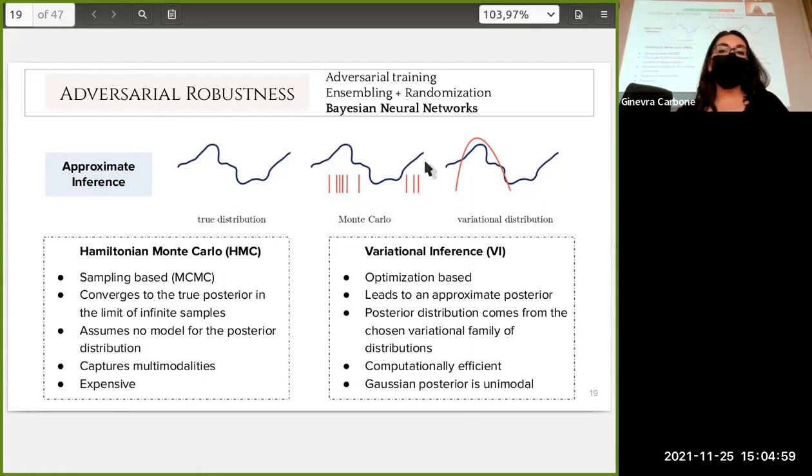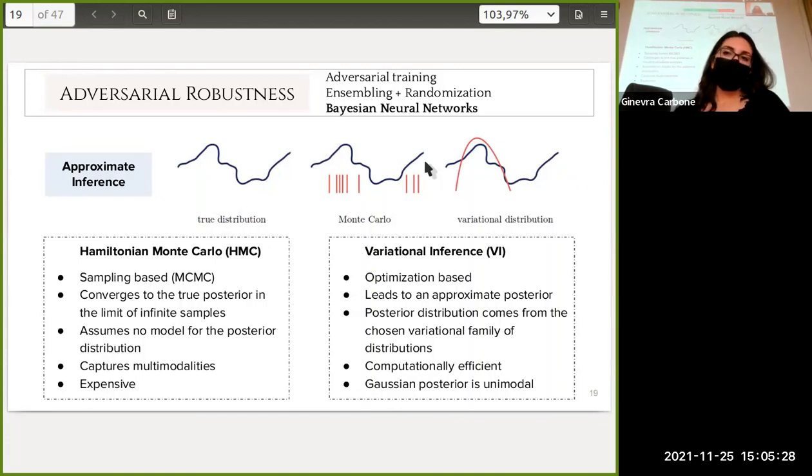Then we have variational inference, where we basically transform the problem of Bayesian inference into an optimization problem. So in this case, we compute an approximate posterior, which has a predefined shape, because it has to belong to the set of variational distributions. So before learning our approximate posterior, we decide the shape that we want it to be.